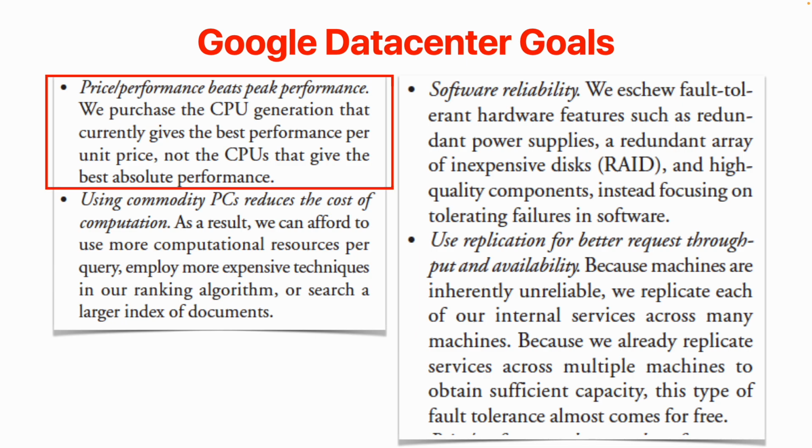And what they do is use software reliability by detecting the errors of these hard drives. Whenever they detect an error, they just shut it down. So if they shut it down, how can they maintain a service? Replications, right? They produce a lot of replications of the same content.